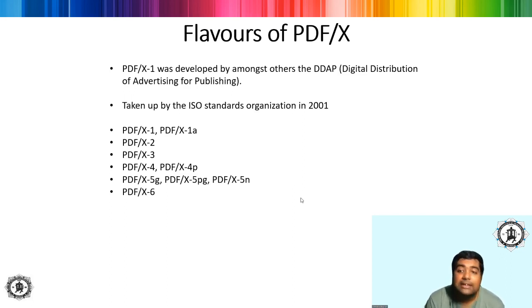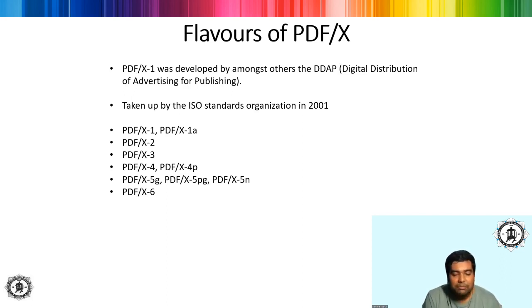Now X5N is important because it allows for the use of N color separations, so more than four, maybe for wide gamut, seven color separations when needed. This is basically for that particular purpose. Next, the upcoming standard is of course PDF X6, which is based on the PDF 2.0 file format. So this is the overall idea about the different PDF X standards.